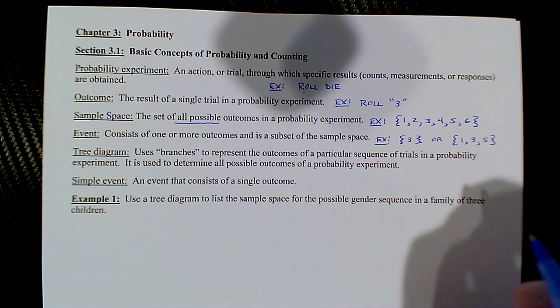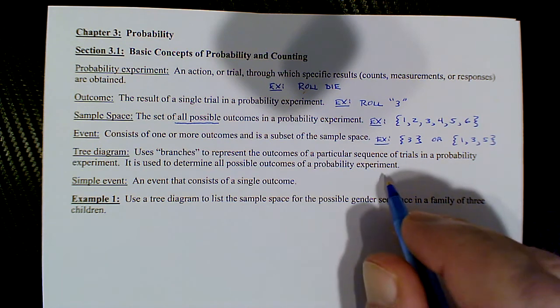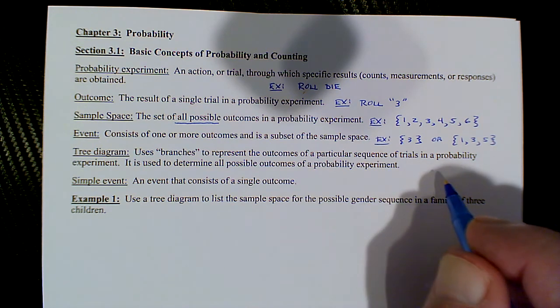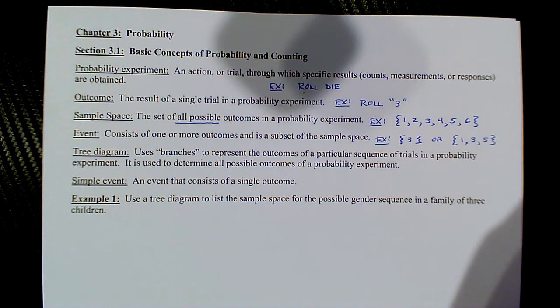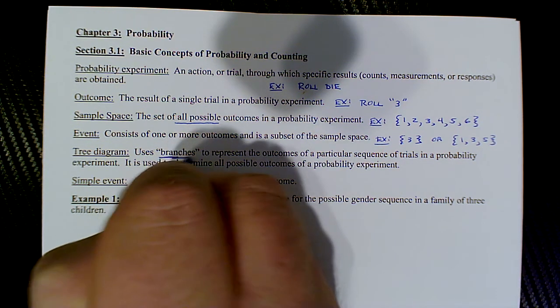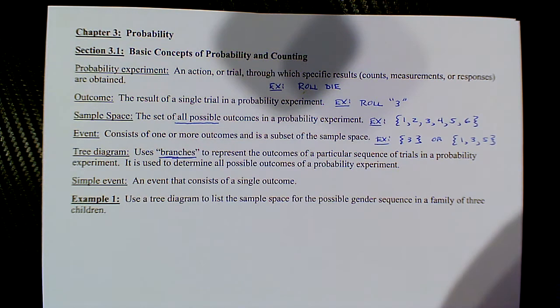We often use a tree diagram to represent the possible outcomes of a sequence of trials in an experiment. And we use branches, as we'll see through our example here.